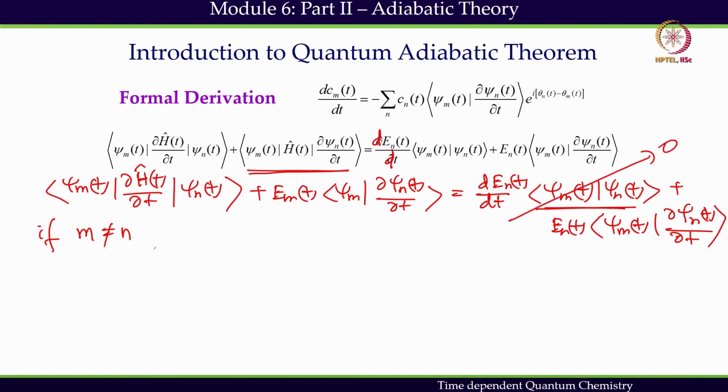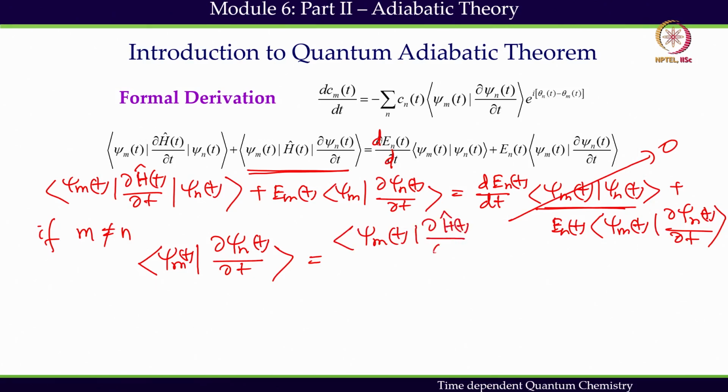Then I can write this psi m partial derivative, this part can be written as the integration of psi m(t) then the partial derivative of the Hamiltonian, divided by E_n(t) minus E_m(t).